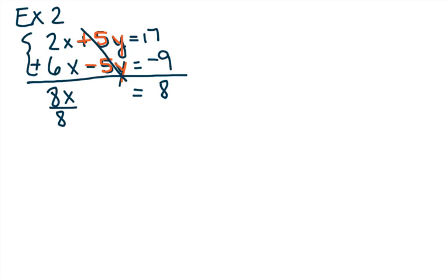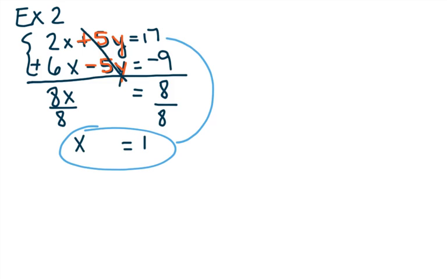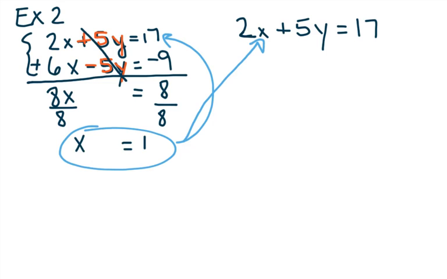Divide both sides by 8. And it is just coincidence that both of these had x equaling 1 as the solution for x. It doesn't always happen that way. Now let's go ahead and plug these in to one of my two original problems. It doesn't matter which one. So if I copy down the original 2x plus 5y equals 17, I'm going to plug 1 in for my x value right there. So I have 2 times 1 plus 5y equals 17.